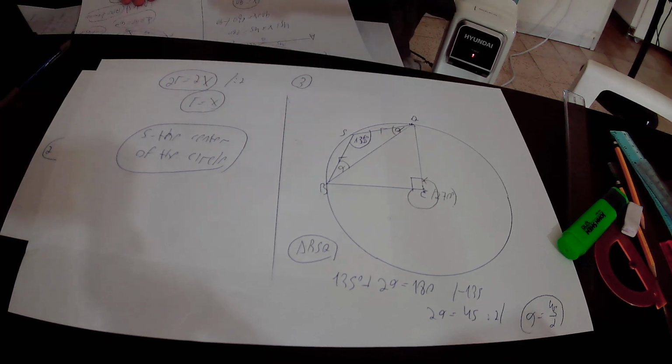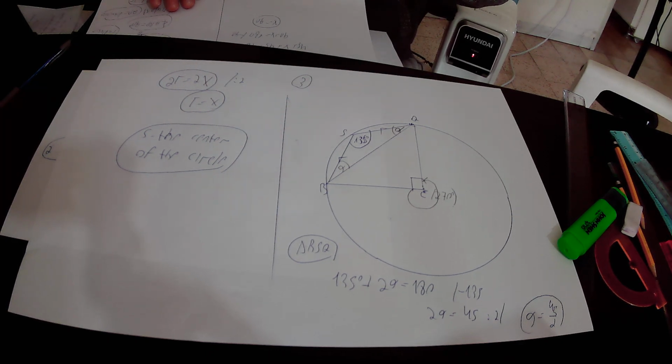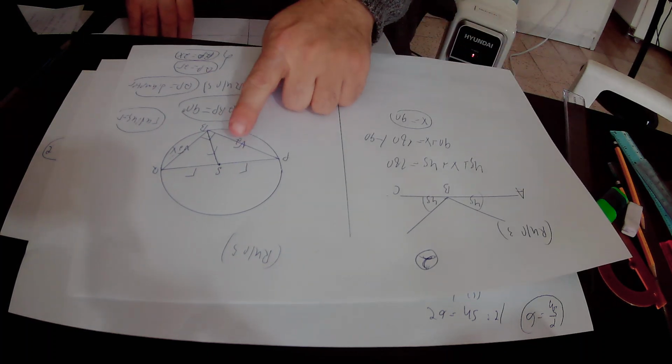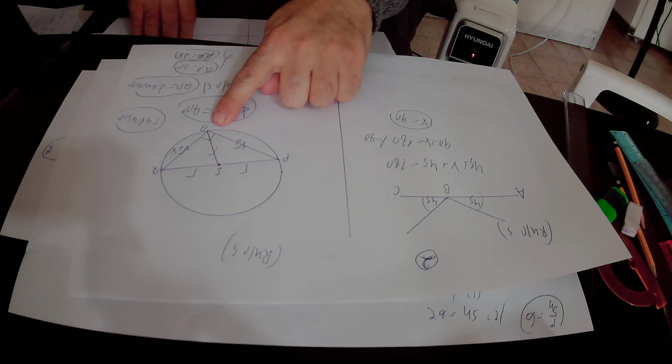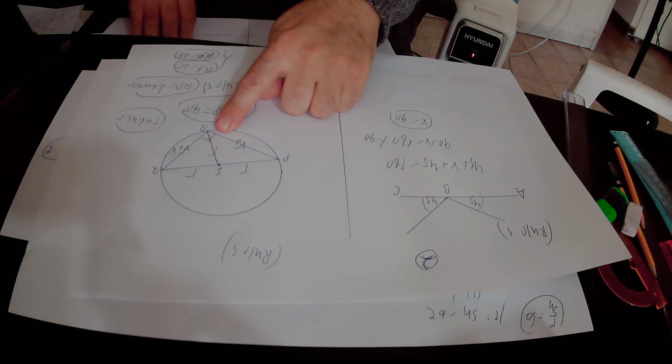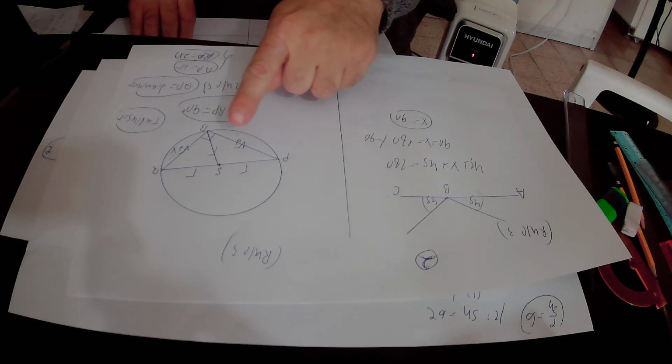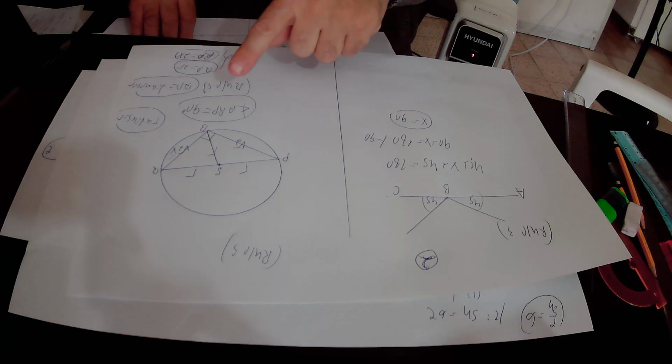And then we join points S and B together. Point S is the center of the circle, point B is a point of the circle itself, therefore SB is the radius of the circle, that is R. So in conclusion, PS equals SQ equals SB. All three line segments are radii of this circle that equal R.